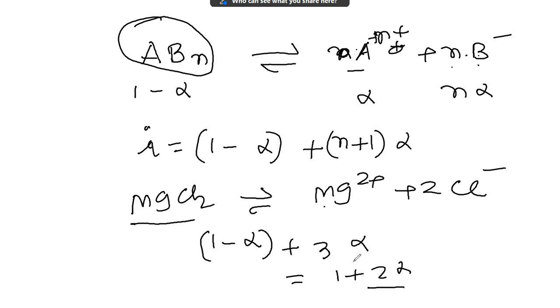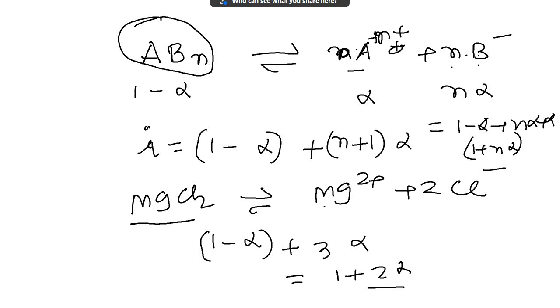If a substance breaks up into n plus 1 ions, i is the total number of particles: 1 minus alpha plus n alpha plus alpha, that is 1 plus n alpha. If n is 2, it will be 1 plus 2 alpha. If n is 3, 1 plus 3 alpha, and so on.